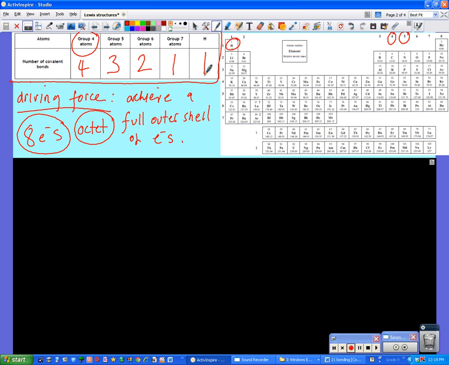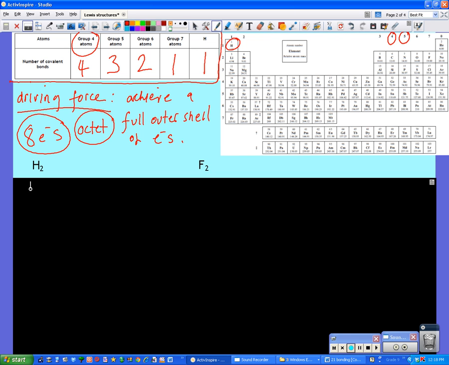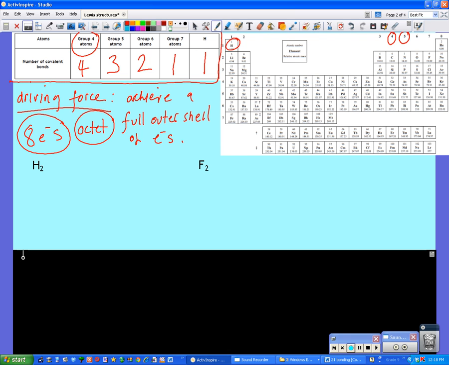So with those rules under our belt, we can now have a go at working out some Lewis structures. We start with the simplest element of all, hydrogen. Hydrogen is diatomic, so if it's going to form a covalent bond with another atom, we can draw that by its side using the chemical symbols, capital H. Now hydrogen can only form one covalent bond.